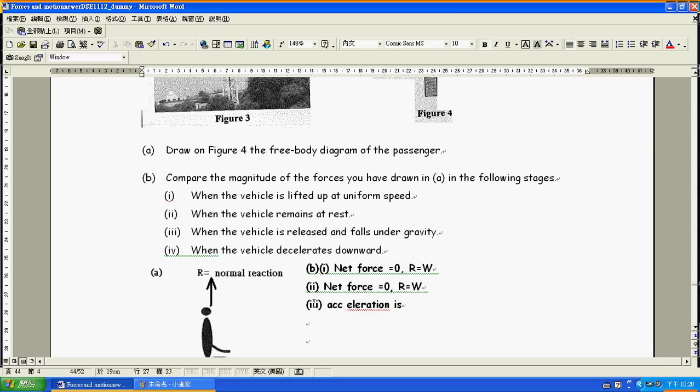Acceleration is downward. So net force must be downward. Hence, weight is greater than the reaction R.